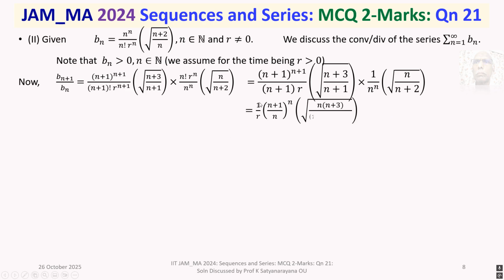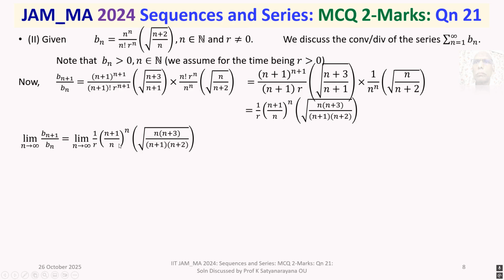So 1 by r into n plus 1 by n to the power of n, these are clubbed here. And now limit n tends to infinity of Bn plus 1 by Bn is limit n tends to infinity of 1 by r into n plus 1 by n whole to the power of n into under the square root of n into n plus 3 by n plus 1 into n plus 2.